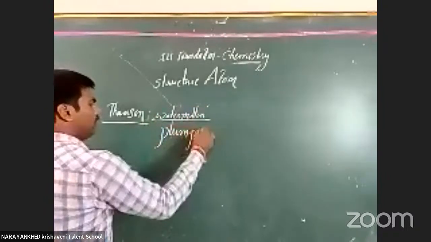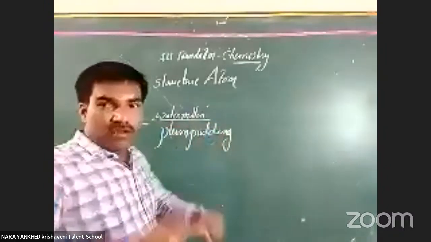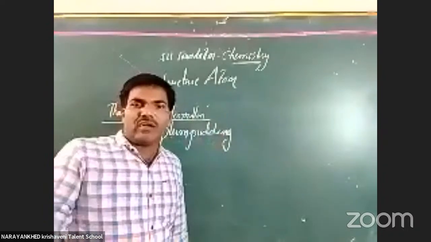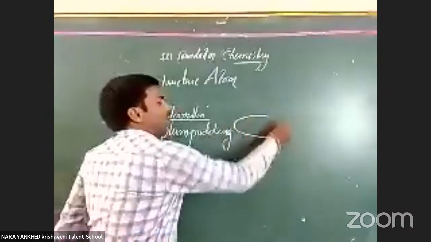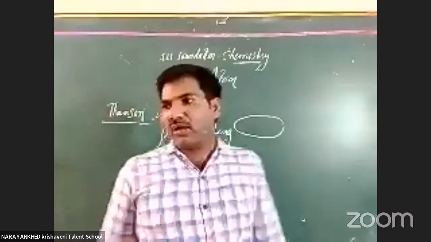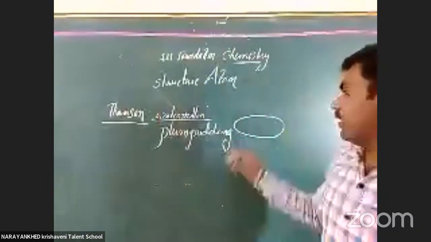According to this model, the atom looks like a plum pudding, elliptical. Nowadays, watermelons are available in elliptical shape only.